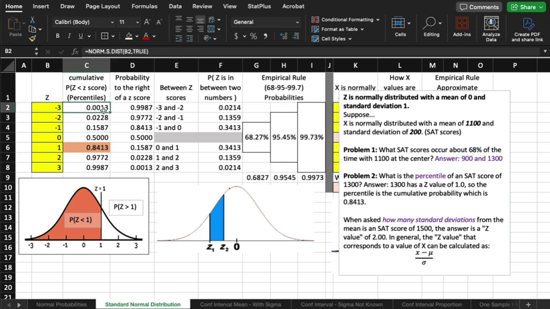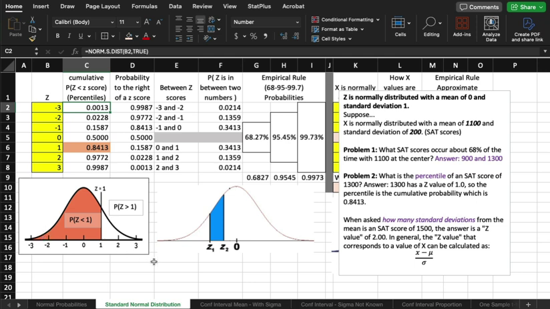And then last time we used built-in Excel formulas to calculate probabilities for these. If you recall from previous videos, we've talked about continuous random variables. Whenever you have a continuous random variable, probabilities are always areas under the curve, areas under your probability distribution function.